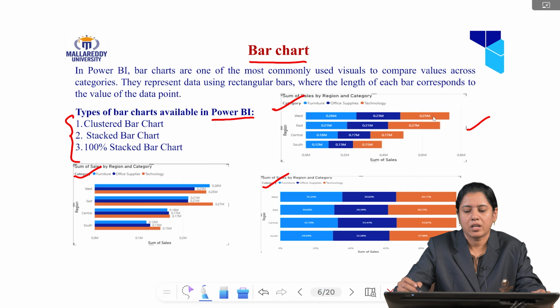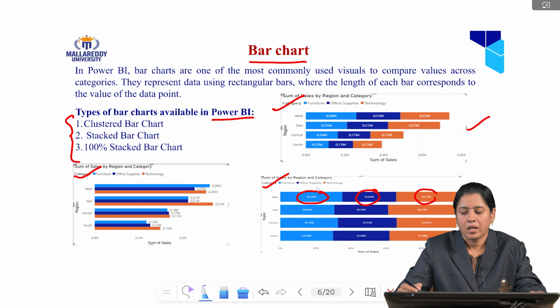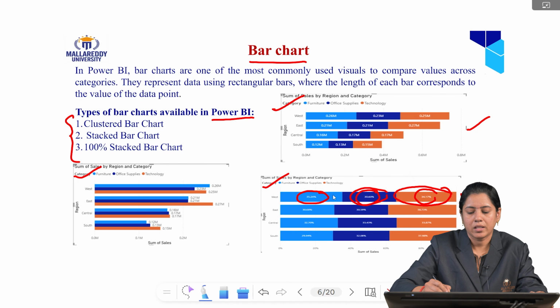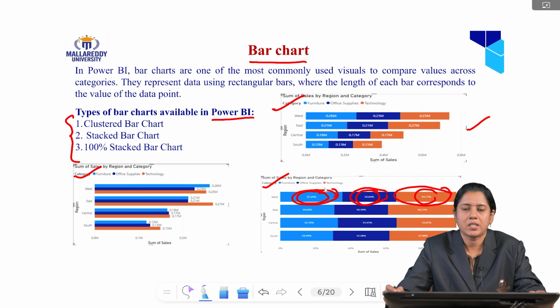But here we are showing the category-wise sales information in terms of percentage. Each bar totals 100%, and out of 100%, how much percentage of sales is contributed by each category is shown here.